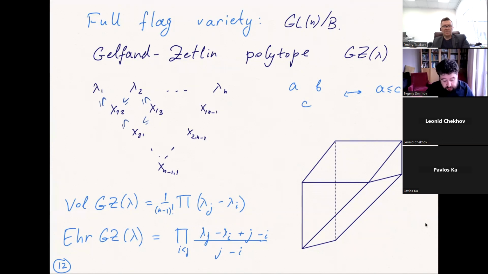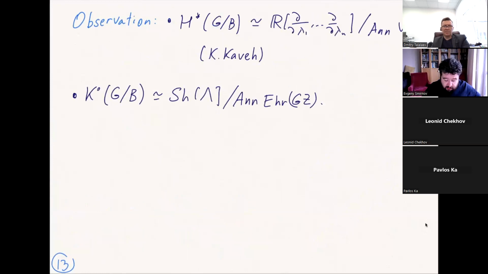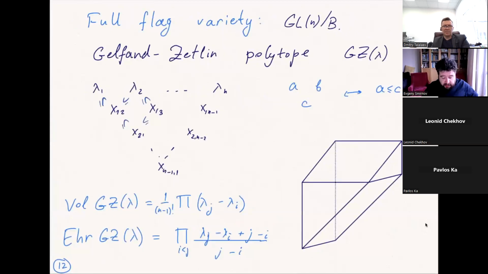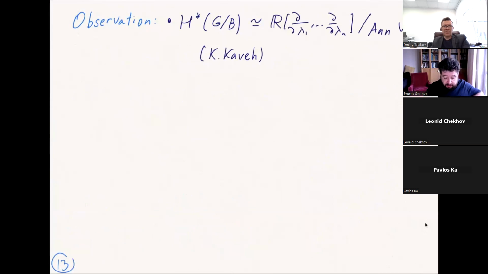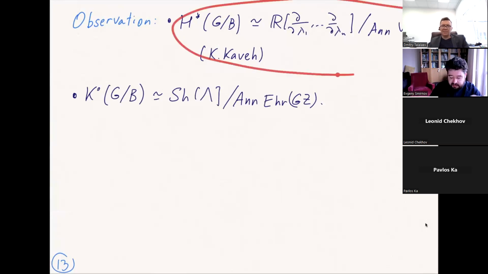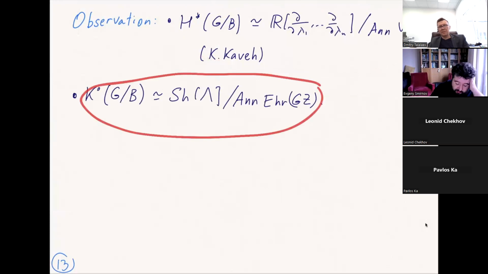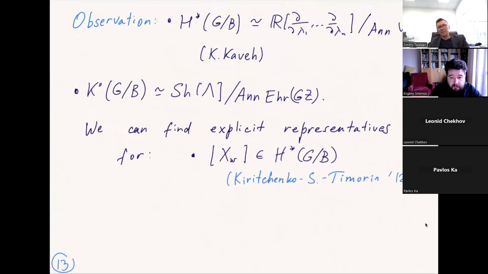So you can play the same game with various differences: on this polytope, you can take the ring of differential operators, take the annihilator of the volume polytope, and get the cohomology ring of G mod B. This is a classical result due to Borel, and in this setting it was observed by Kiumars Kaveh. And our observation is that our construction gives you the K-theory of G mod B.